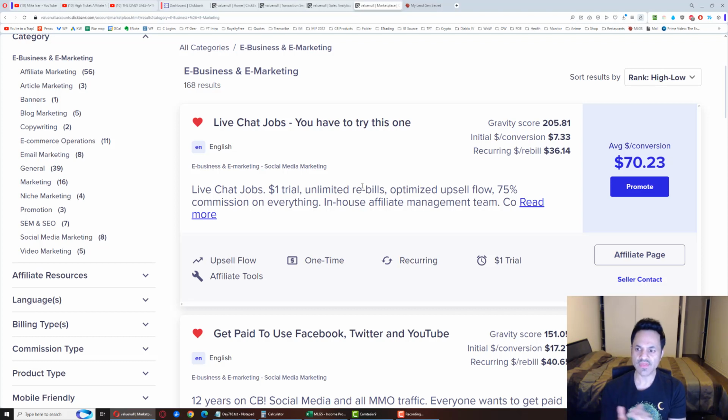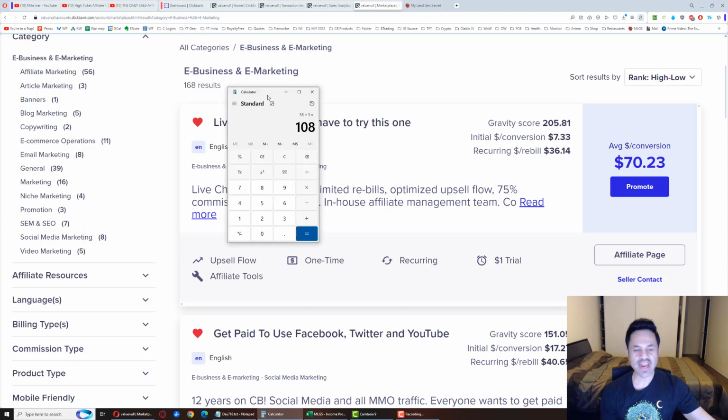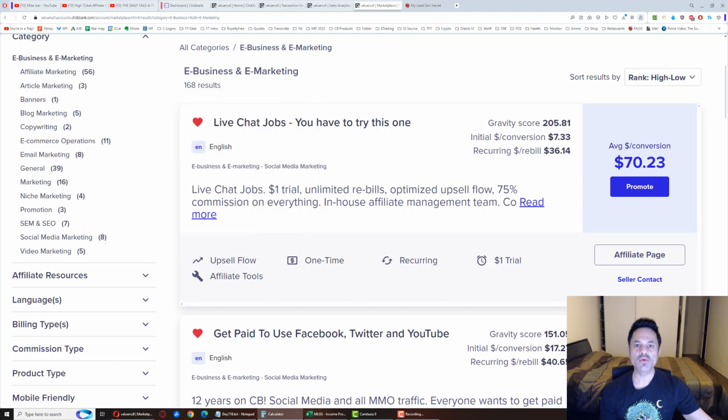So if that were to happen with a $36 product, that's well over $100. Specifically, 36 times 3 is $108. So instead of getting a $20 sale and that's it, we could get basically $100. It says over here average conversion is $70, but anyways, you get what I'm trying to say.